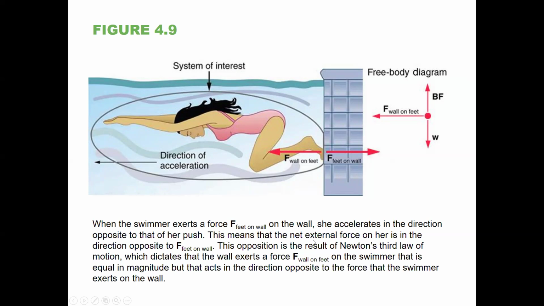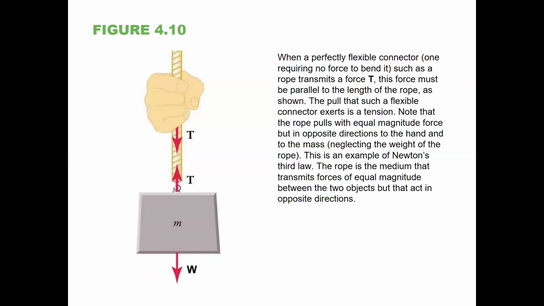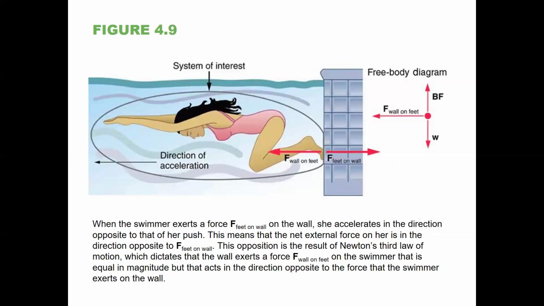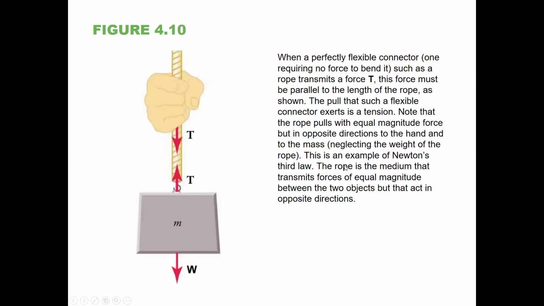This means that the net external force on her is in the opposite direction. This opposition is the result of Newton's third law of motion, which dictates that the wall exerts a force on the swimmer that is equal in magnitude but acts in a direction opposite to the swimmer's force on the wall.